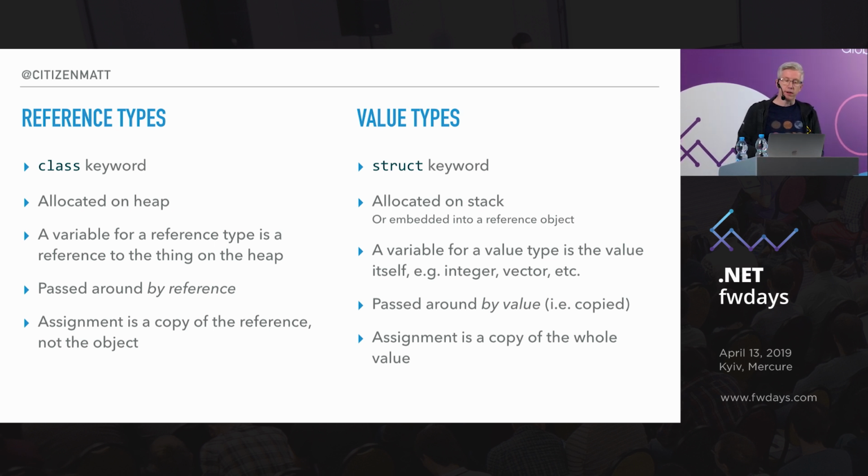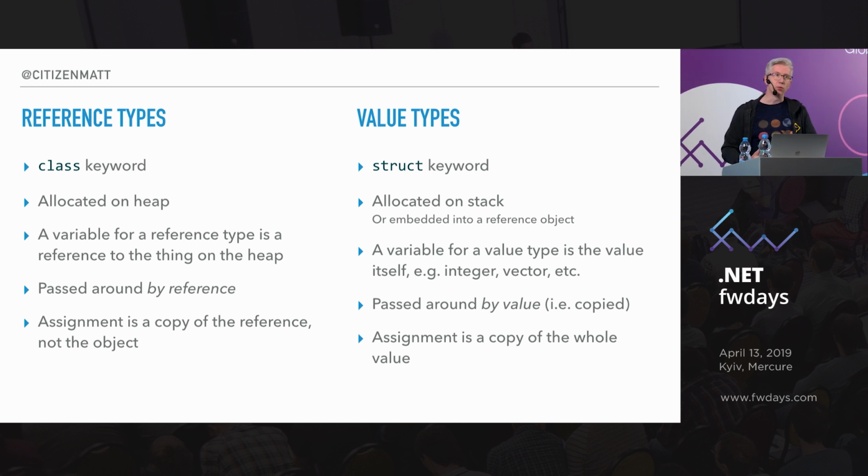When you pass a reference type to a method, it's passed around by reference. The object's still over there on the heap. You don't pass the object itself around, you say it's over there on the heap. Whereas value types are passed around by value, which means they're copied. If you've got an integer or a vector, it gets copied to the new method.